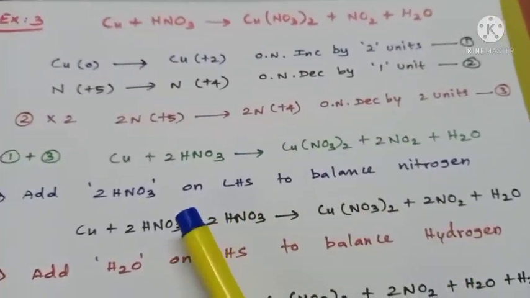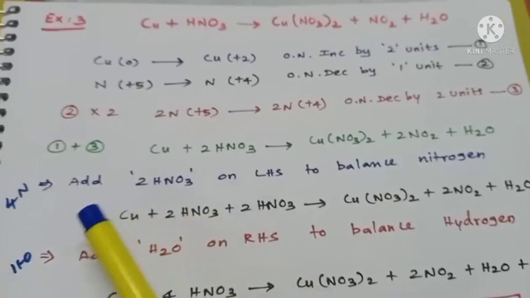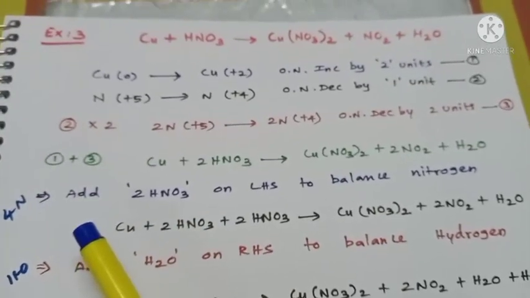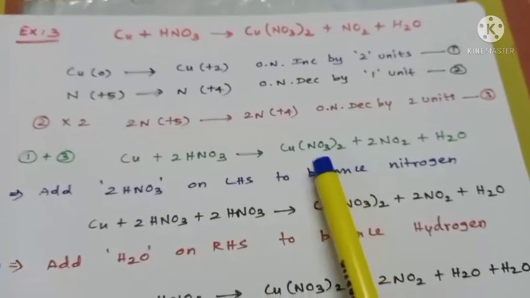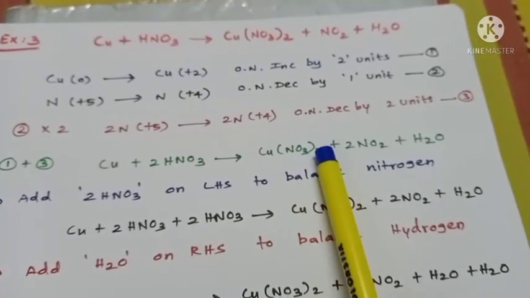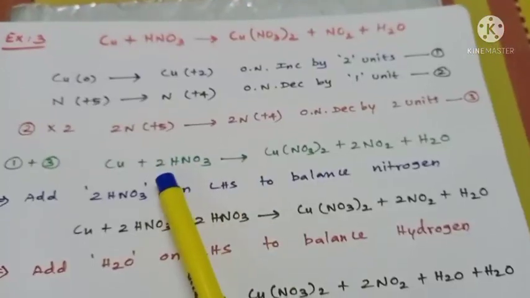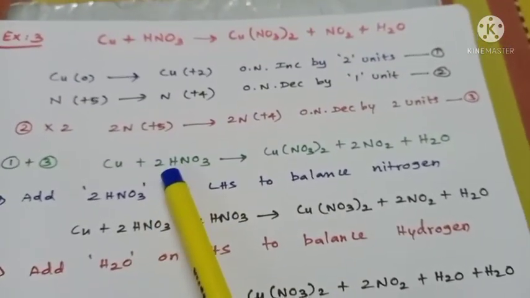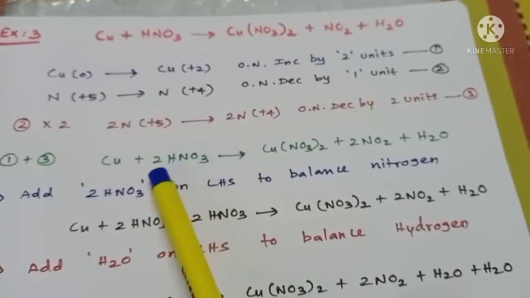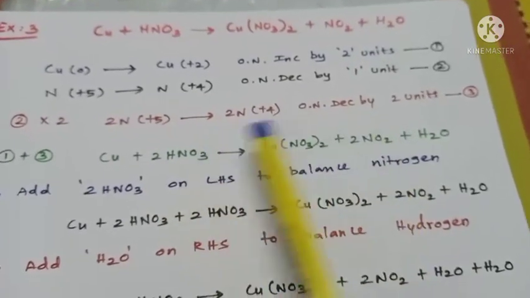So let us go for other atoms. Okay, right. Now you check oxygen. Before that, there is nitrogen, isn't it? Let us check nitrogen. Right hand side, there are 4 nitrogen atoms. Here 2 and 2. But left hand side, only 2 nitrogen atoms, isn't it? But now when you make it 4HNO3, automatically the nitrogen gets balanced.